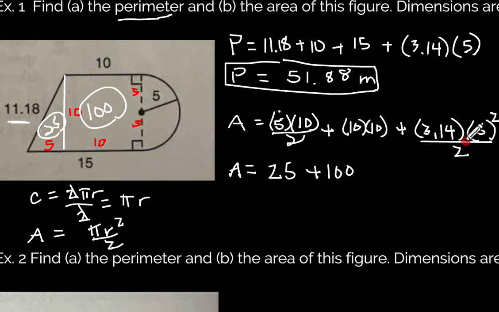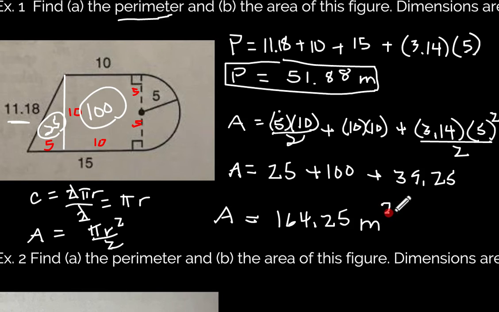Because it's half of a circle, we're going to find the area and we're going to divide it by 2, and that's going to end up being 39.25. So get all 3 of those numbers written down, and so we're going to have the area equals 164.25. Area is always units squared, so it's going to be meters squared.